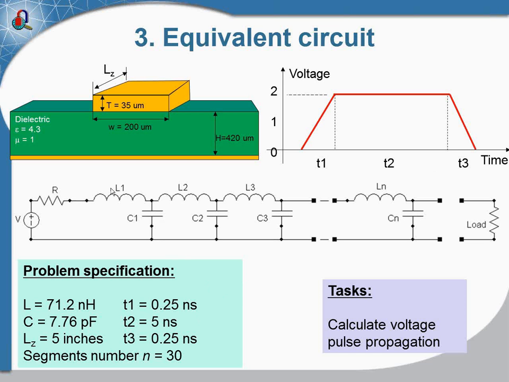For this specific transmission line, it is required to have at least 30 chains. Now let's first simulate the case when the load impedance matches the line impedance and the source impedance matches the line impedance.